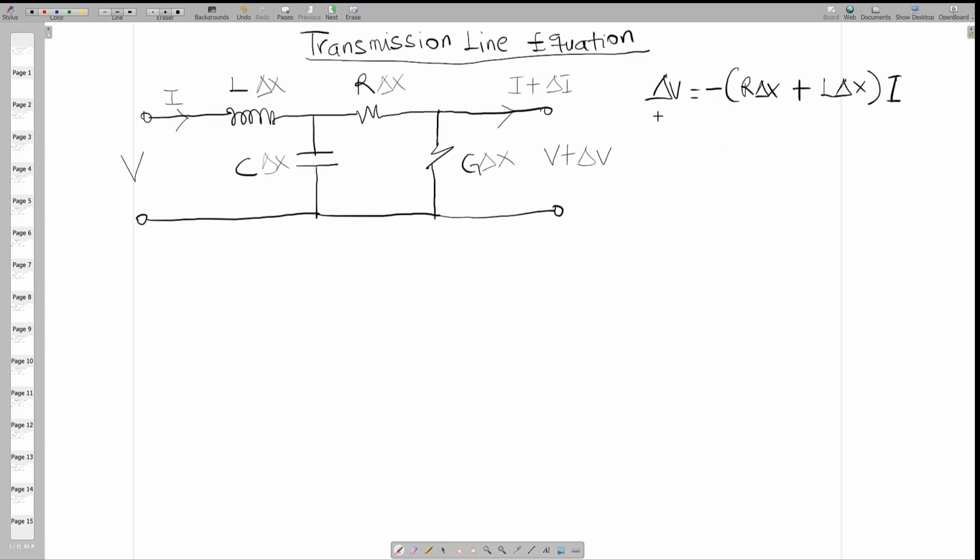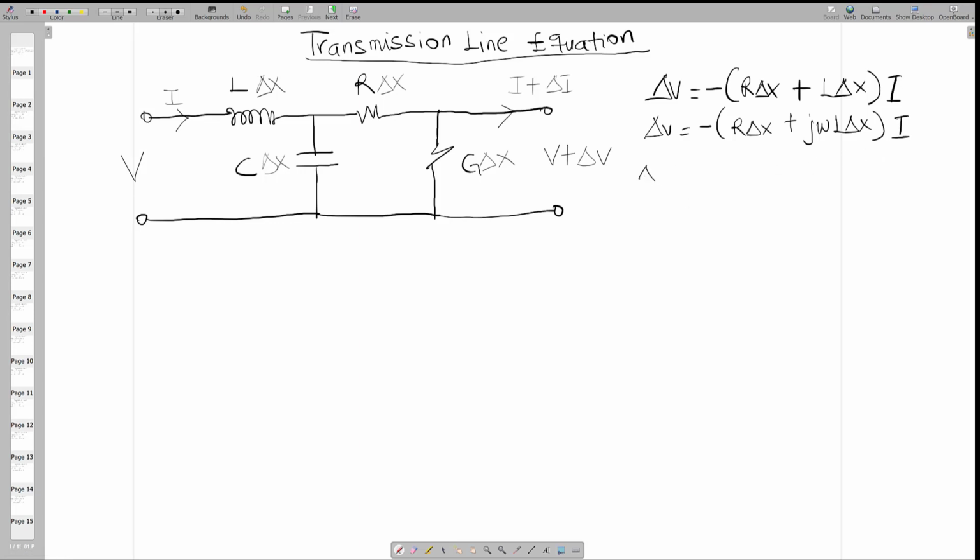So let's see. Delta V will be equal to minus R delta X plus L. The impedance of L, that is the inductor, we know to be j omega L delta X, and I have my I over here.